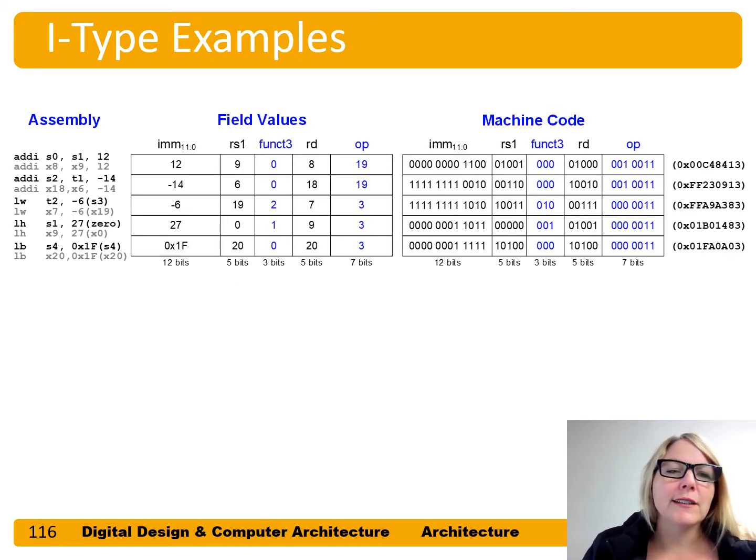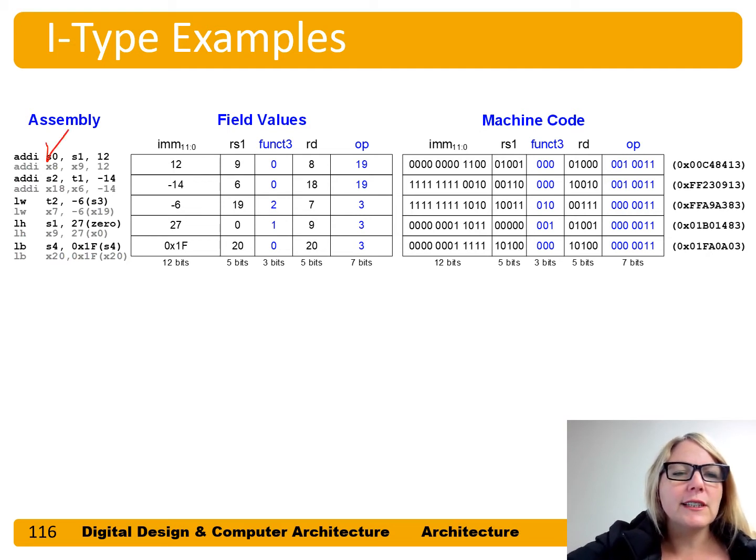Here are some examples of I-type instructions. Here's the add immediate instruction that has a destination register, RD, a source register, RS1, and a signed immediate. In this case, the immediate is the number 12. Again, we convert those names to register numbers, X8 and X9.